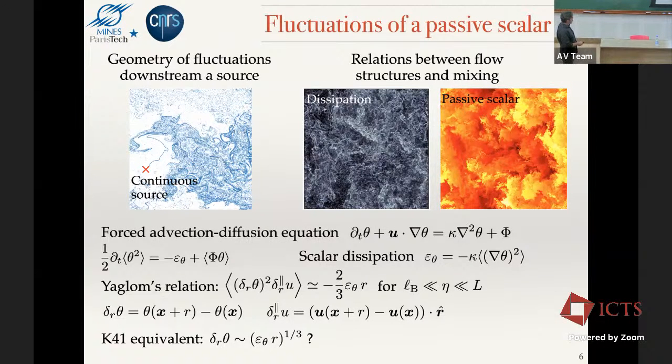It involves a mixed structure function: the squared increment of theta times the longitudinal increment of velocity. And this has to be minus this epsilon times r. I'm sorry, here it should be r, not eta. So in the inertial range of the scalar, we have to have this relationship.